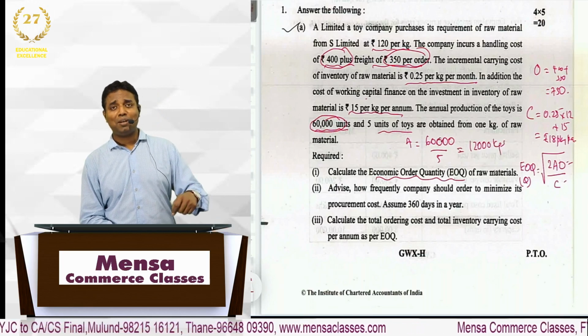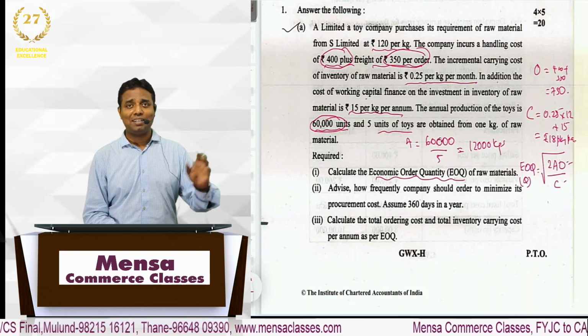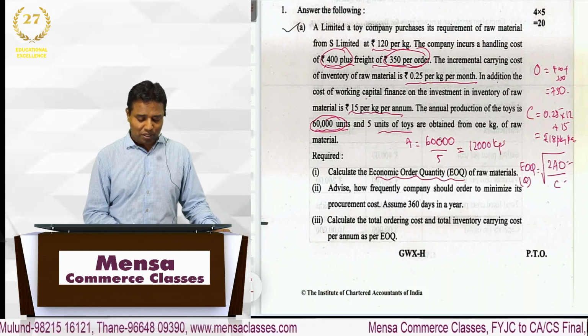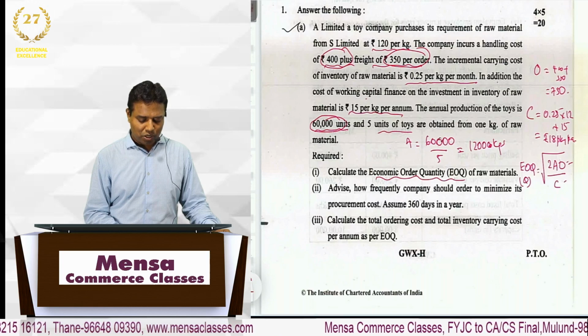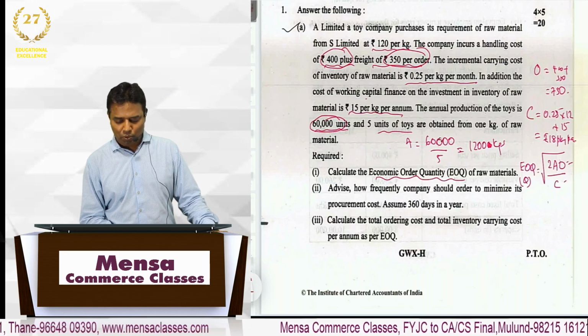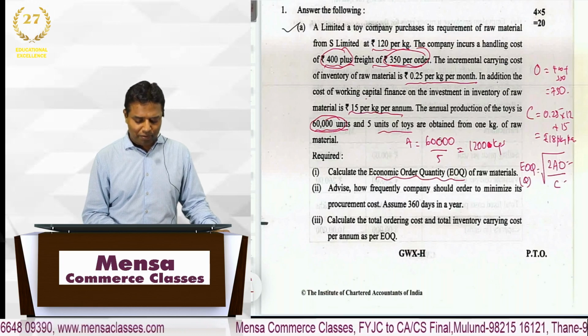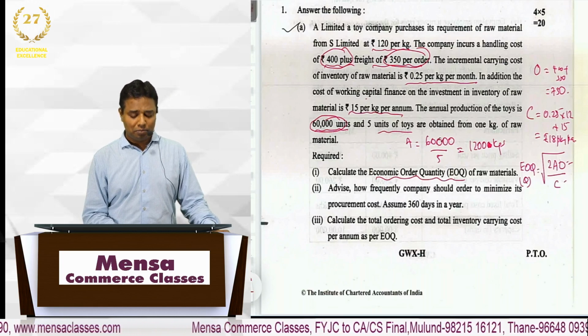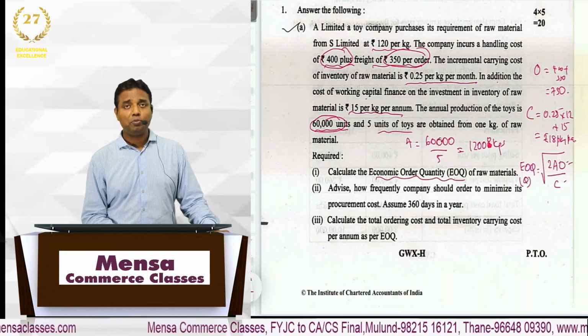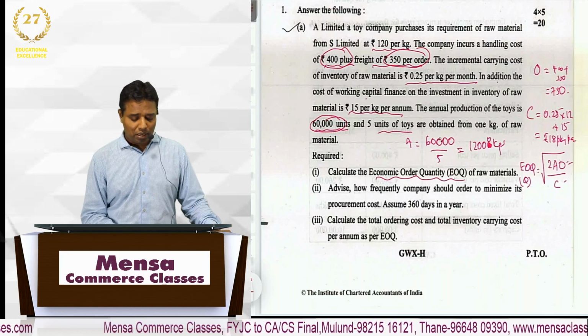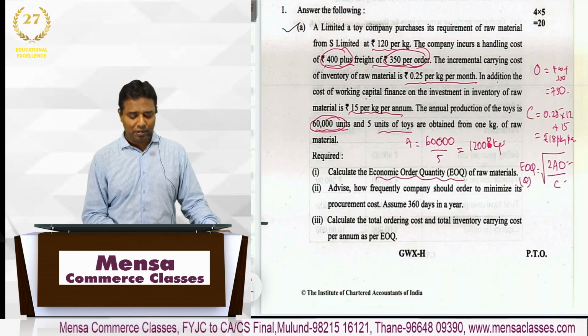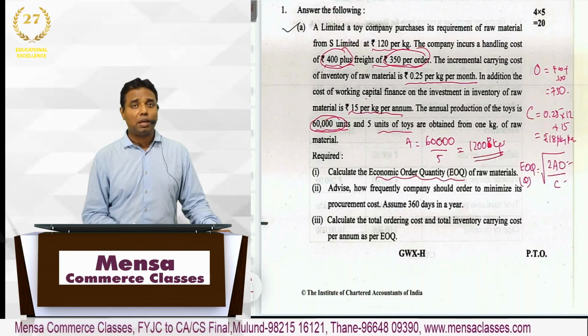If you take 12,000 kg of raw material into 5, you get 60,000 units of annual production, right? So 12,000 kgs is required, that's your A.